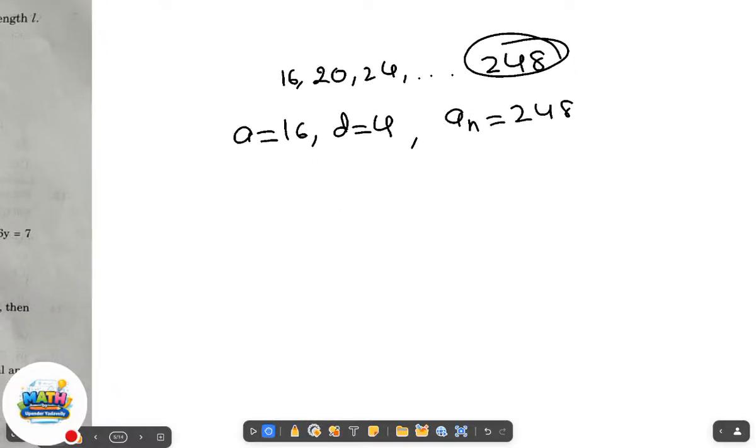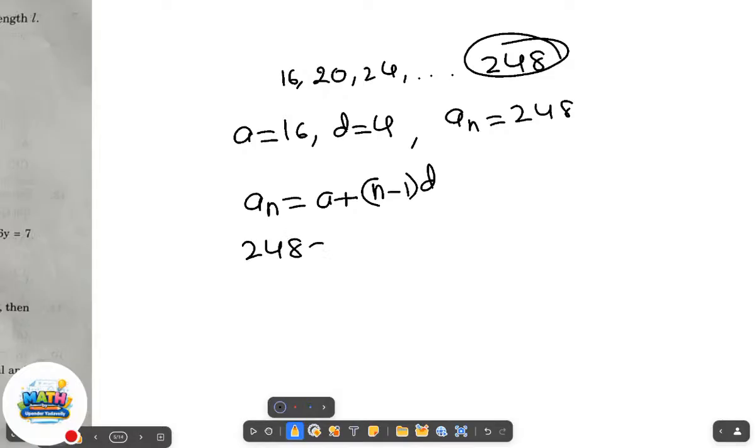So let's apply the nth term formula: an equals a plus n minus 1 into d. So 248 equals 16 plus n minus 1, we don't know this n value, into the common difference 4.